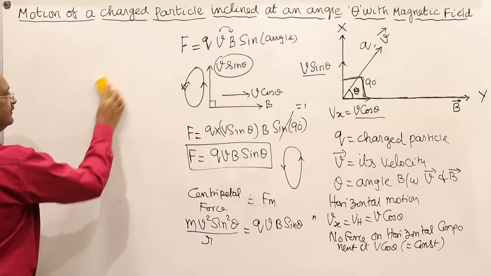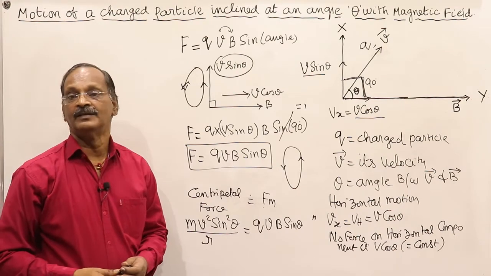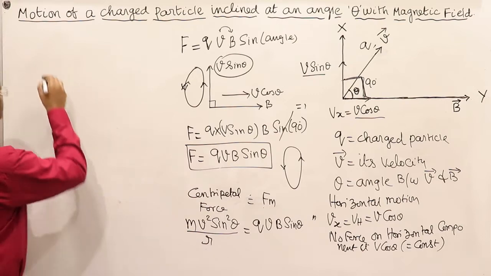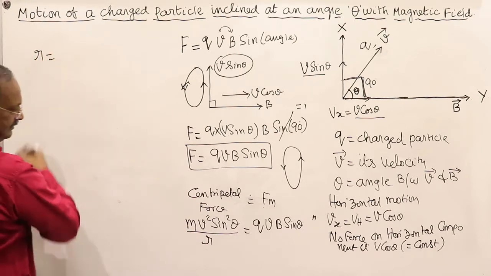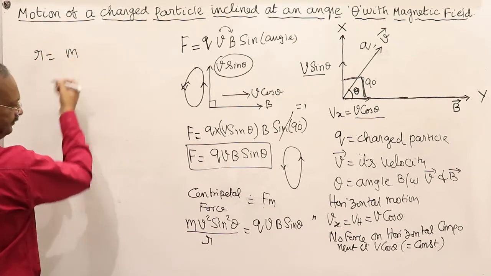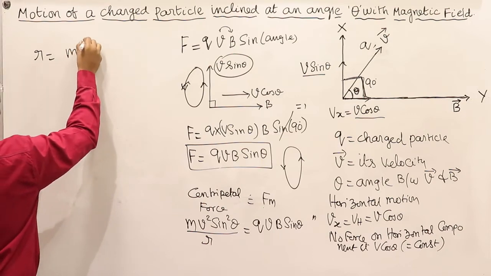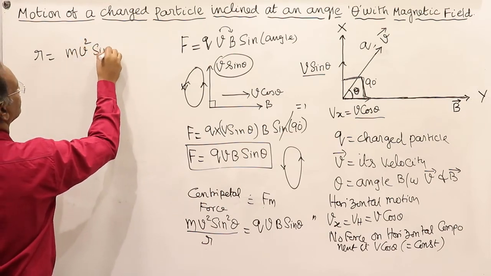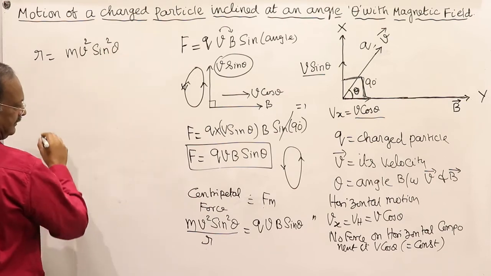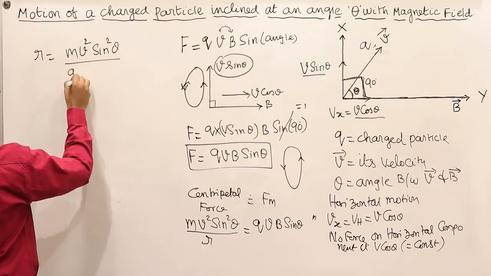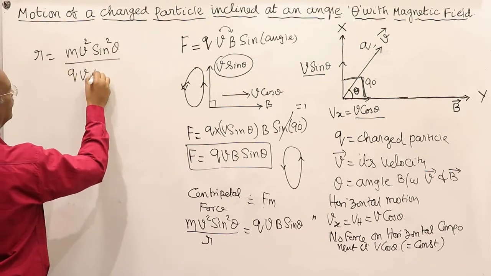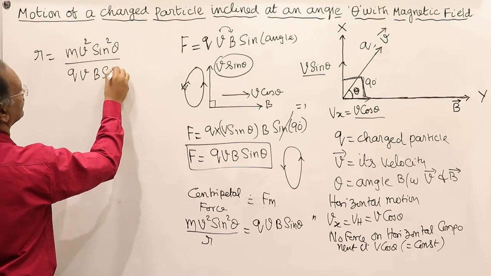What is the radius of the circular path? How will we calculate it? See, what is r? r is equal to m v square sine square theta divided by q into v into B into sine theta.